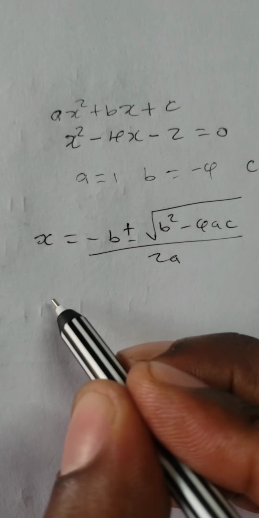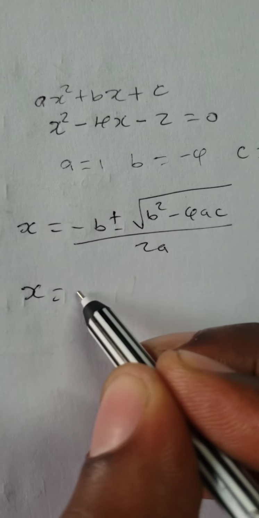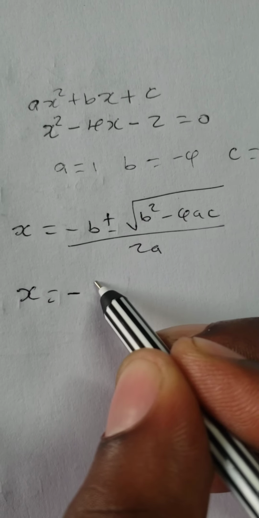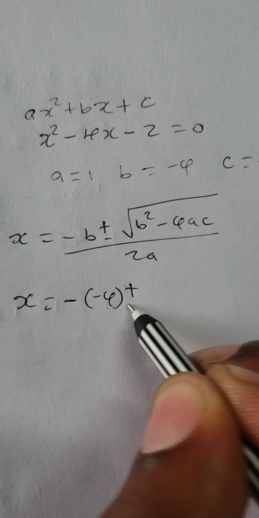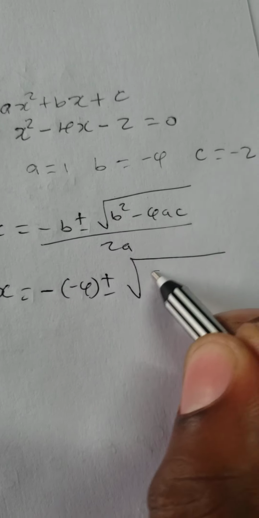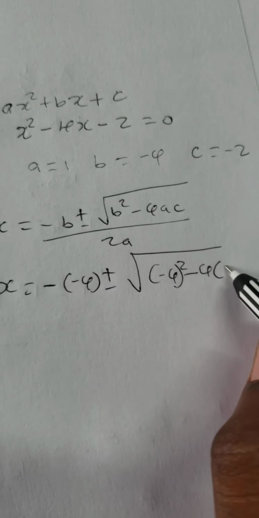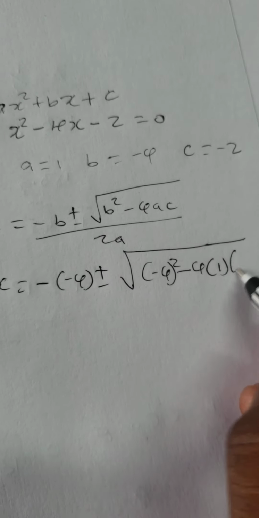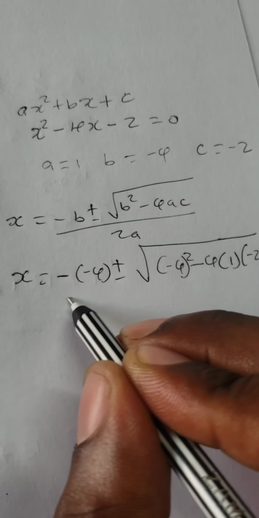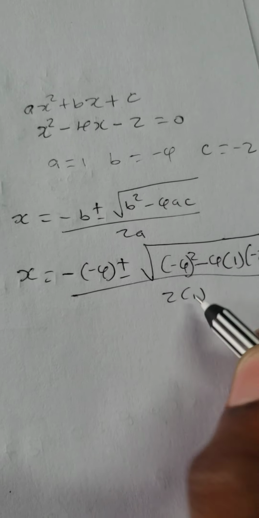But yeah, you can still check it and do the job. So we're going to say x is equal to, and start replacing. Where there is b, we put negative 4, positive or negative, square root negative 4 squared minus 4, our a is 1 and our c is negative 2, over 2 multiplied by 1.